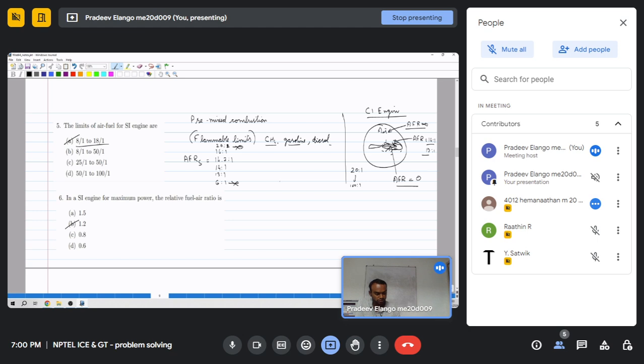So within flammability limits, I want to mention for hydrogen, the flammability limit is say 5% to 75%. So that means out of 100 air, 5 portion of fuel, or it can be like 20 to 1 to here it is very less, say 1.2 to 1 something like that.